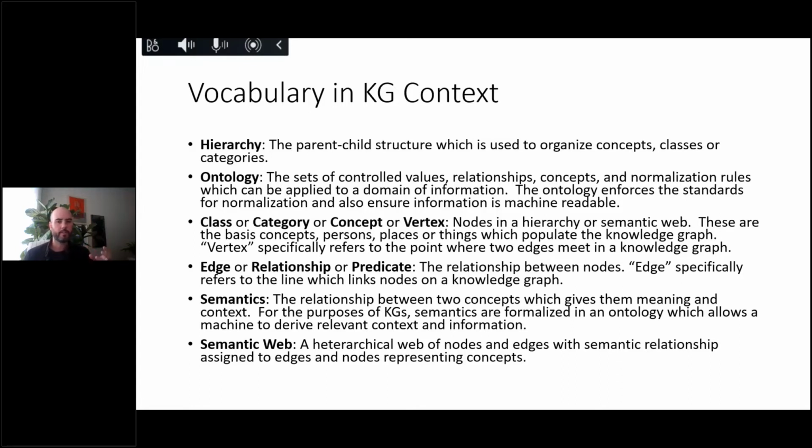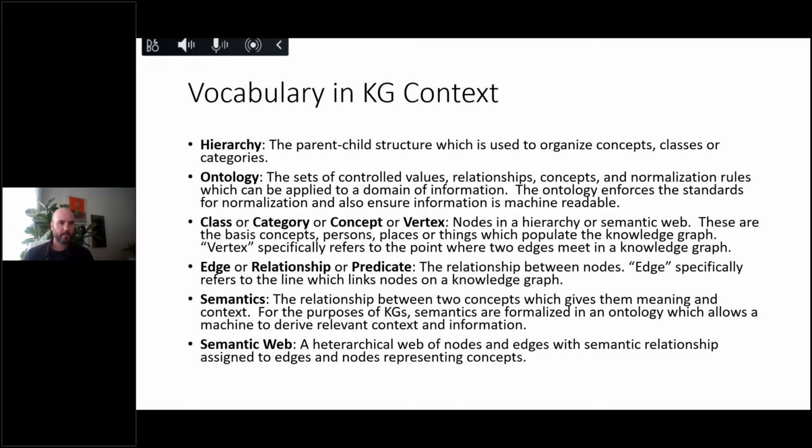So you have a subject, a predicate, and an object, and that comprises the semantic relationship, which gives meaning to the knowledge graph. And here you can see I've defined semantics as well. I think I've just kind of covered that a little bit, but we'll take a closer look at that when we take a look at the semantic triple.